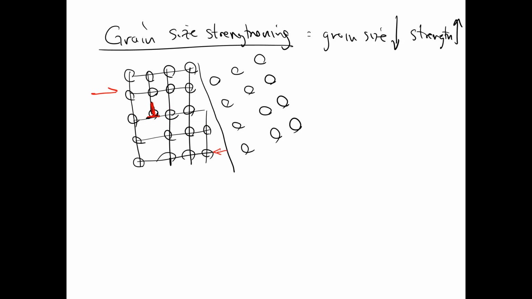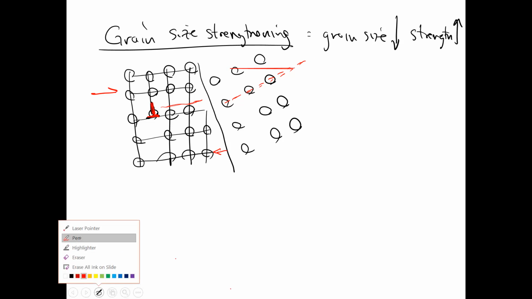So if this dislocation moves over to the right here, it gets stuck at the grain boundary. If I want to continue that dislocation moving in another grain on this dotted plane here, it is sort of constrained to do so.